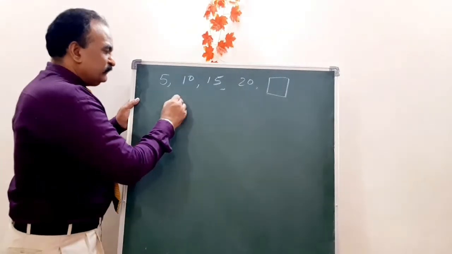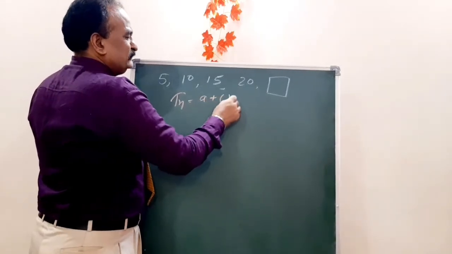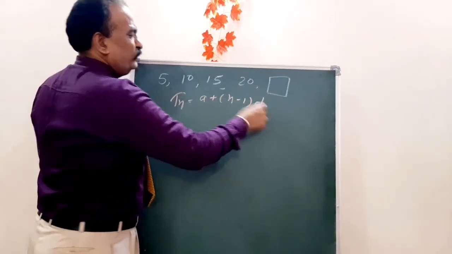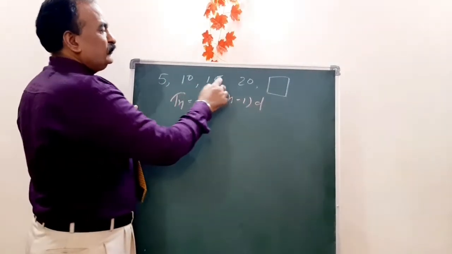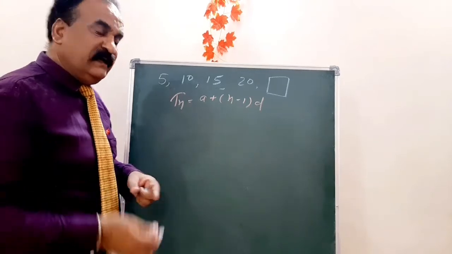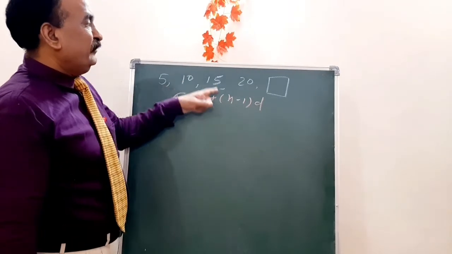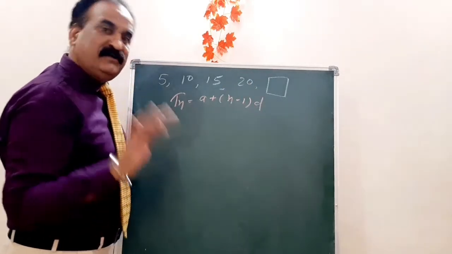Now the formula is Tn is equal to a plus n minus 1 into d. Which term do you have to find? 1, 2, 3, 4, 5. By the method of inspection, you can tell me 5, 10, 15, 20. Certainly, this last number will be 25.